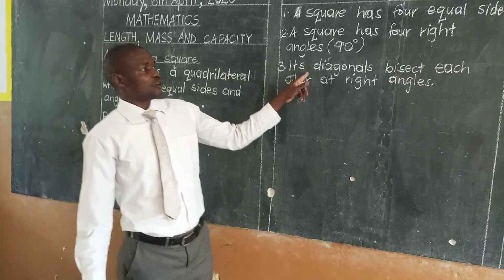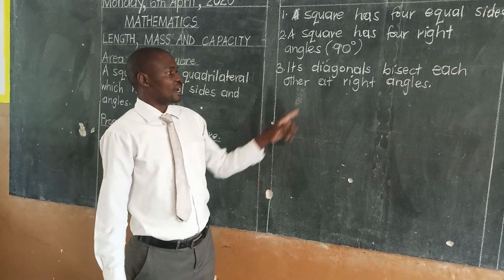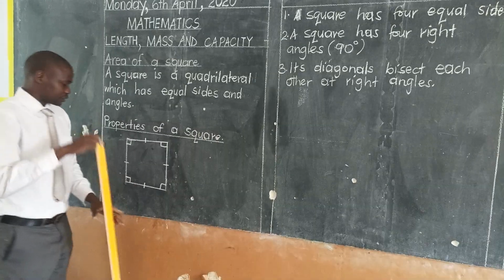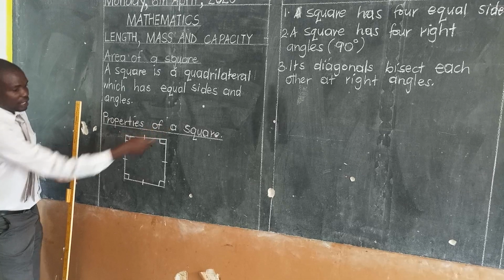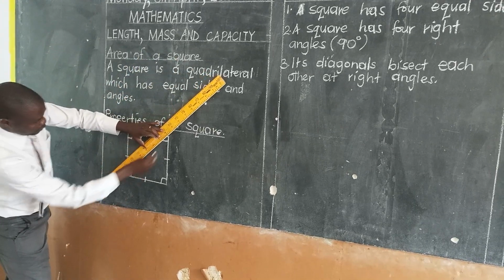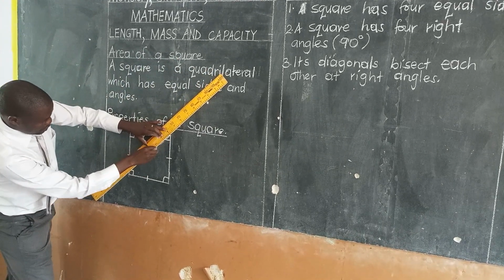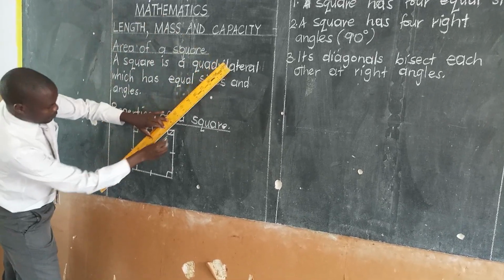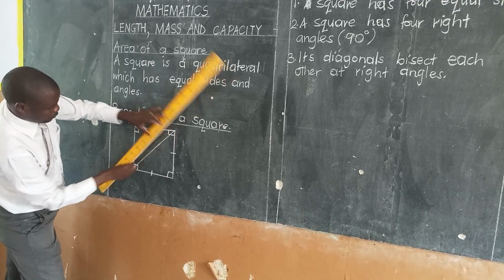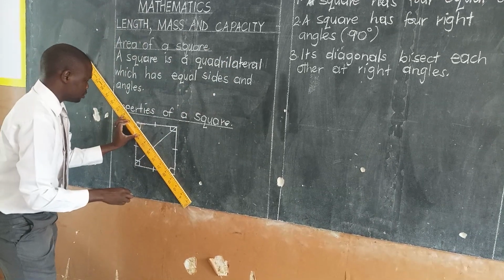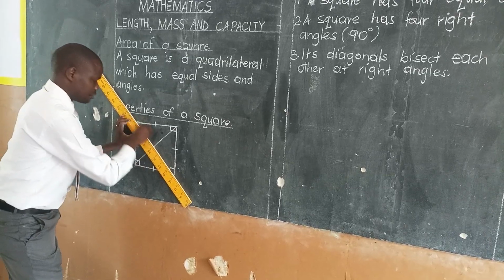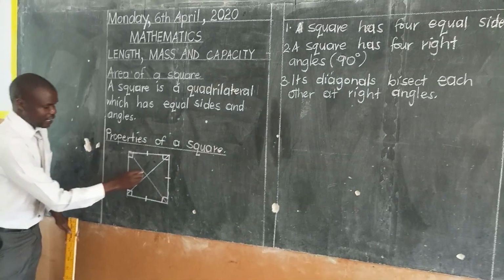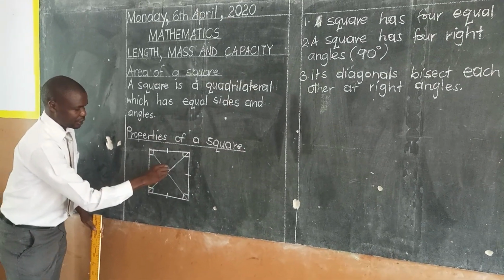I say the diagonals bisect each other at right angles, and I believe you know what right angles are. So these ones run across our square. Our first diagonal is there. Our second diagonal, we have it there. So we are saying that they bisect each other at right angles.